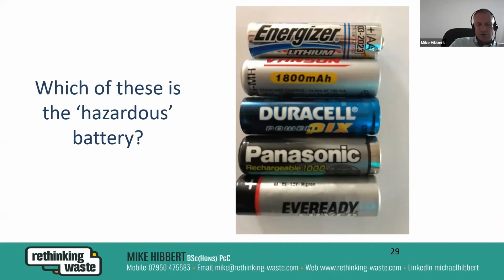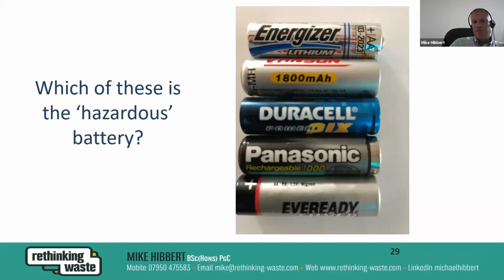So if you try looking for lithium batteries on the hazardous waste list, the EWC list, they're not in there as a separate entry. It's actually an alkali battery, and that is an absolute non-haz entry, even though lithium batteries cause the waste management sector all sorts of problems that when they're damaged, potentially they can cause fires.